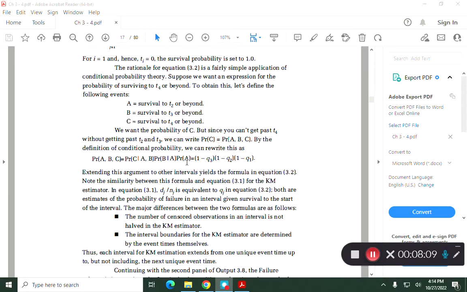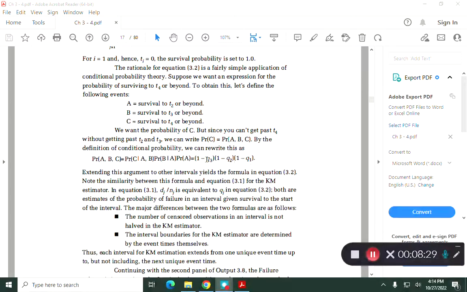So survive T2, and beyond T2, did I survive T3? And then after I survive both T2 and T3, how can I survive T4? Okay, so the probability we're writing here is conditional, conditional, conditional.